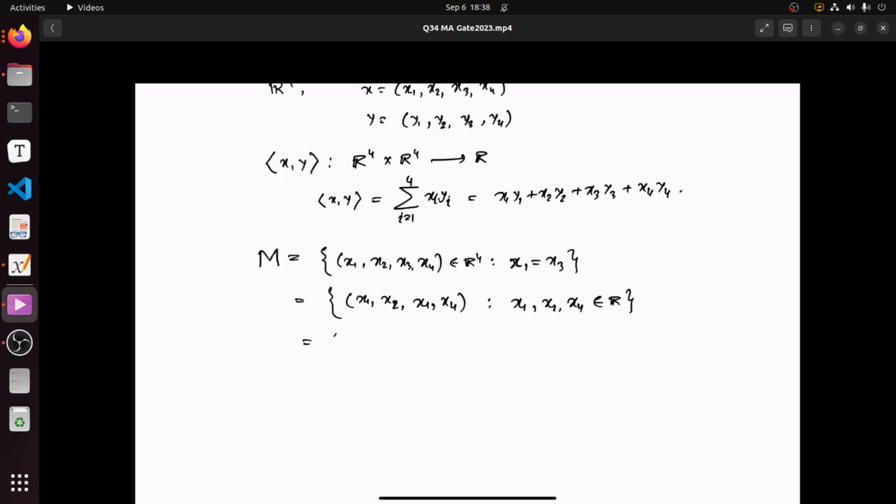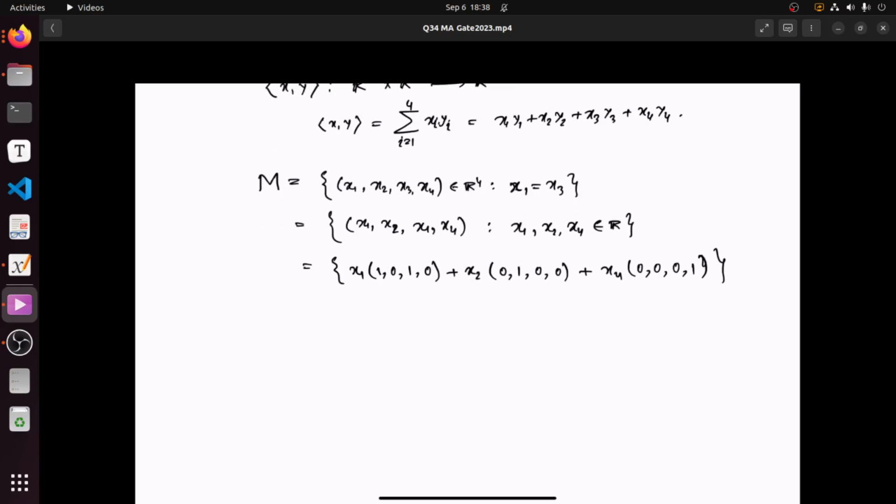So you can then write this as x1 times (1, 0, 1, 0) plus x2 times (0, 1, 0, 0) plus x4 times (0, 0, 0, 1). Let's call these v1 equals (1, 0, 1, 0), v2 equals (0, 1, 0, 0) and v3 equals (0, 0, 0, 1).